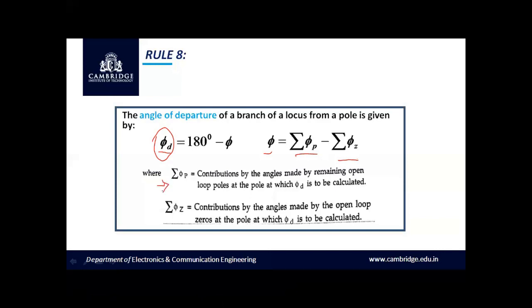Here, summation phi p is the contribution by the angles made by the remaining open loop poles at the pole at which phi d is to be calculated, and summation phi z is the contribution by the angles made by the open loop zeros at that pole.